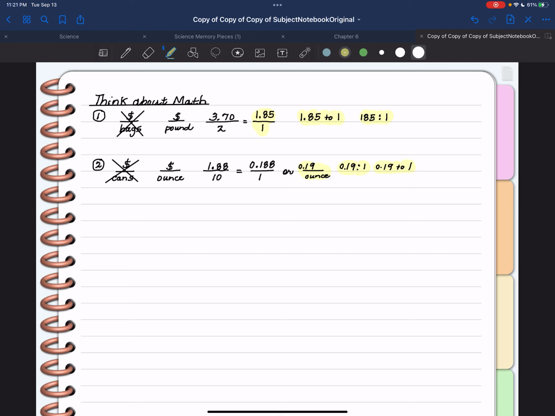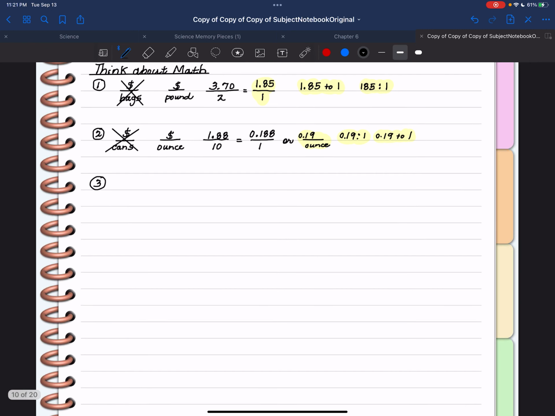Okay, the last one of these, number 3. We have a box of 144 pencils. And by the way, that's called a gross. It's 12 dozen. So a gross of pencils costs $5.76. What is the unit cost per pencil?